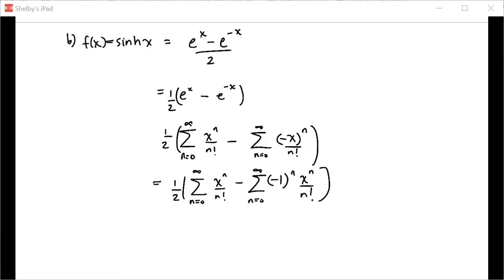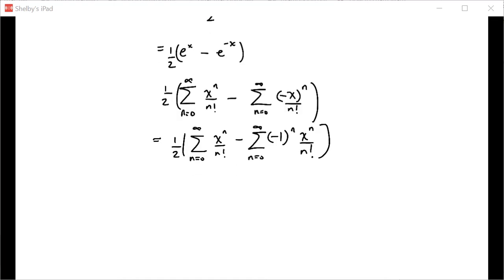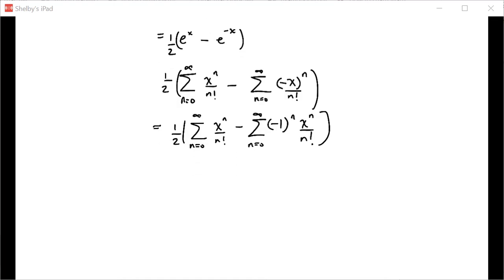So from the n's, it's not really immediately possible to see the formula for how this goes, but if we write out the terms, we might be able to see a pattern for it. So let's do that. We have 1/2 times 1 plus x squared over 2 plus x cubed over 3 factorial, and so on, minus, okay, now this is where it's going to get interesting.